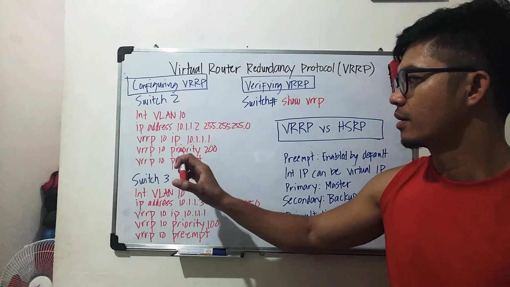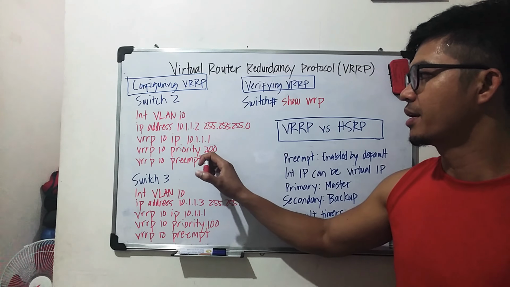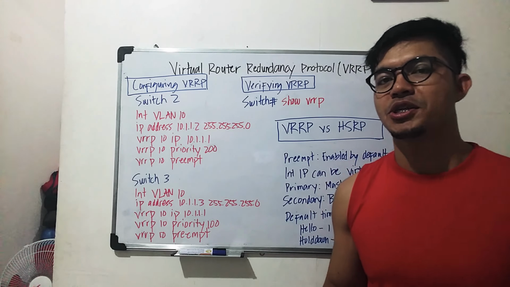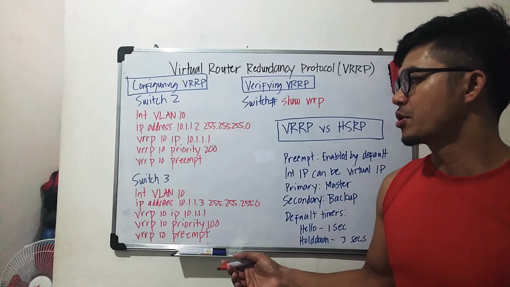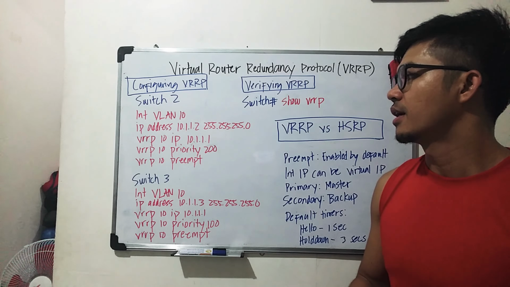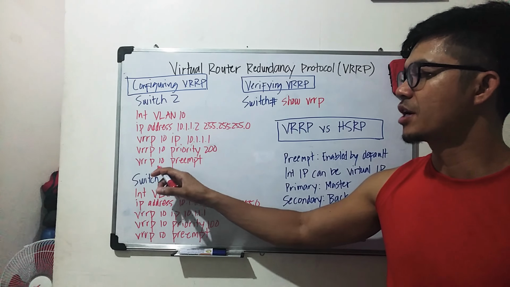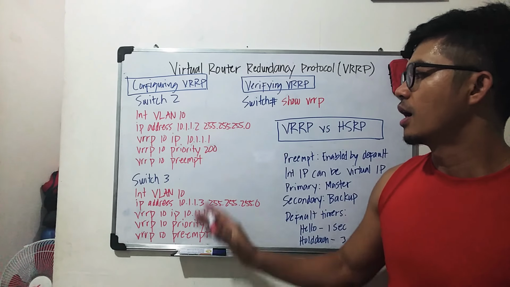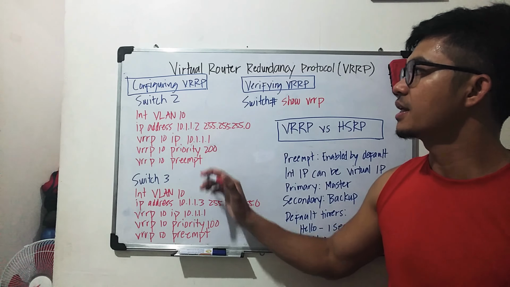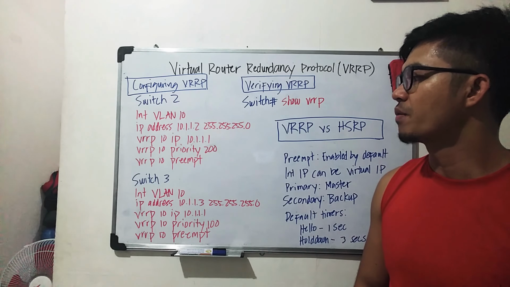So VRRP 10 priority 200. Just like HSRP, the priority is set to 100 by default. The next command is VRRP 10 preempt. Preempt is actually enabled by default in VRRP, so you don't have to configure it.